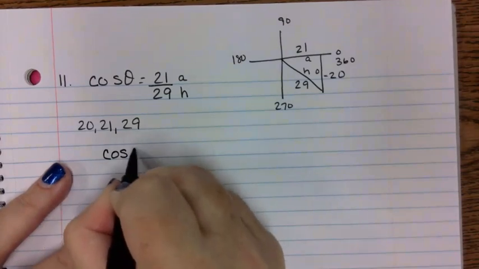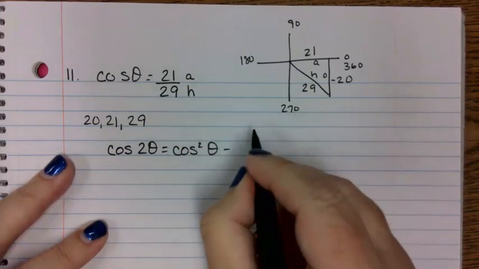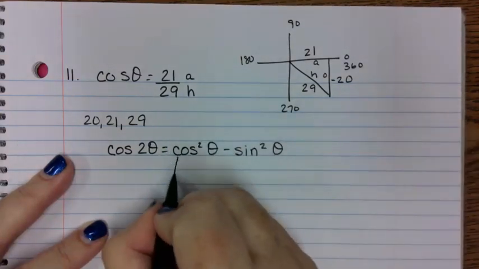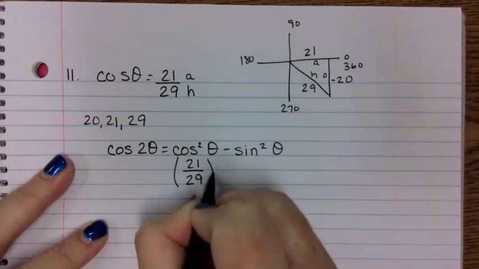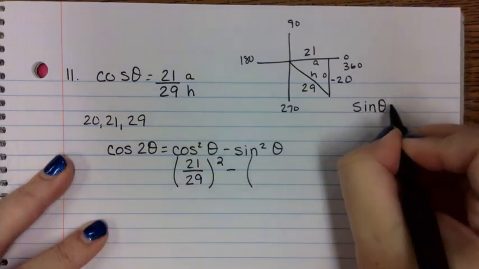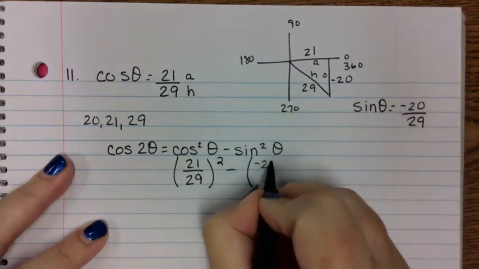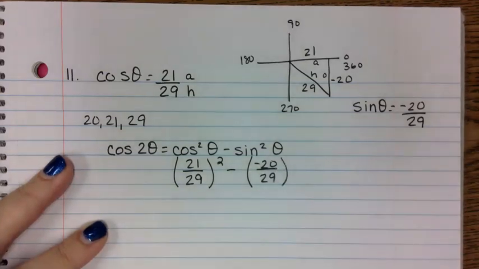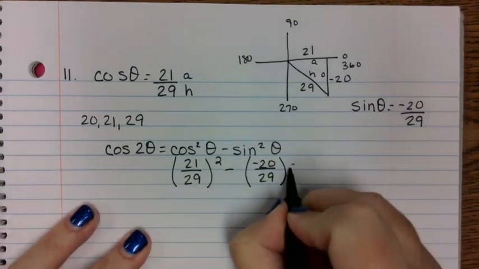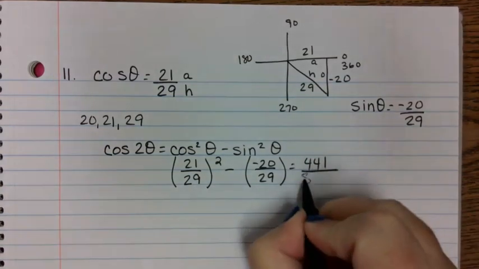They're asking for cosine of 2 theta. And this is going to be cosine squared theta minus sine squared theta. So we already have our cosine. It's 21 over 29 squared minus, now I need to come up with sine. And sine is going to be negative 20 over 29. Okay. So what's 21 times 21? 441 over 29 squared is 841.